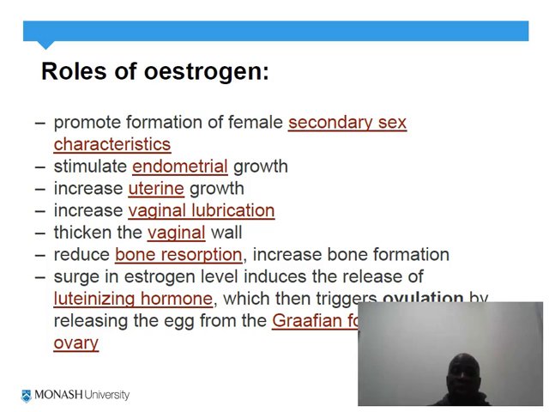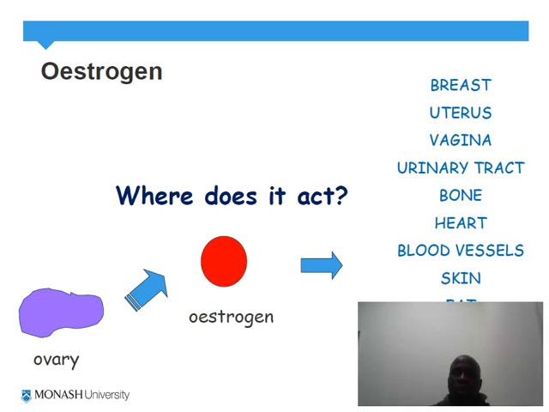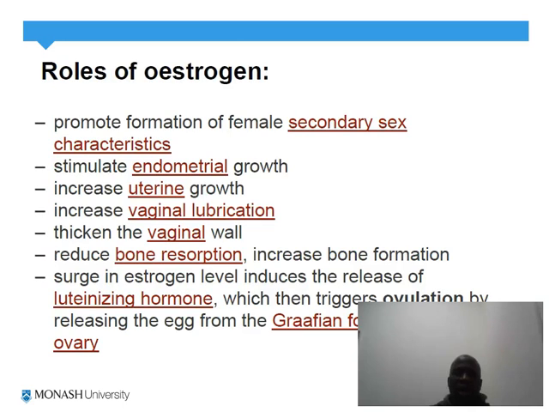estrogen can actually act. So let us look at the roles of estrogen in all these organs. What are the roles really? What do they do, for example, in the brain, in the breast, in the vagina, in the bones, in the heart? Basically, their role is firstly to promote formation of female secondary sexual characteristics, which I talked about earlier, but not in depth.